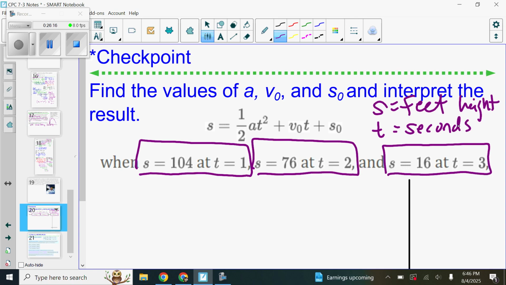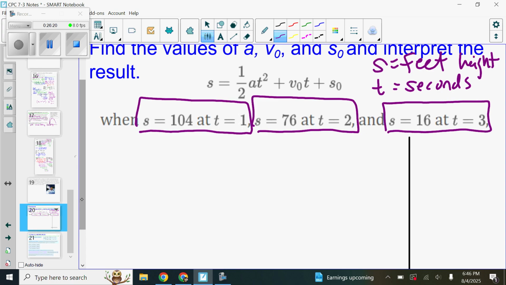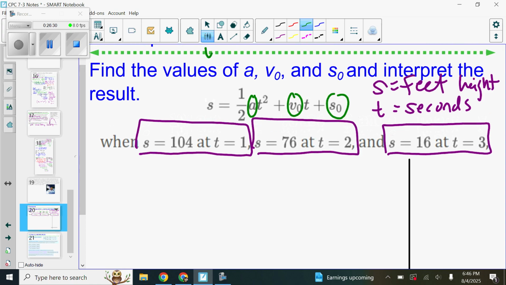So basically what I have then is three different locations that I'm going to be able to use to write this equation. So now look at what I should be able to find. I should be able to get these three values, if you think of like the general form for a quadratic, like y equals ax squared plus bx plus c.